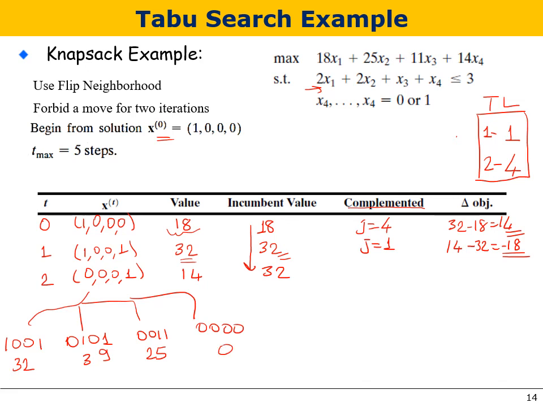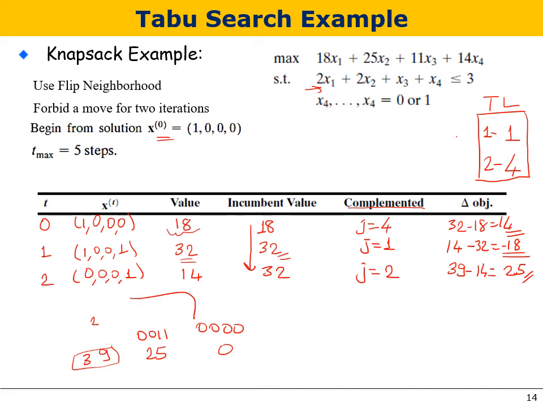Among these, the best one is this, which is a result of flipping the second decision variable, and when you check the taboo list, it is not in your taboo list. So we can go to this solution, which means that we are complementing the second variable, and the change in my objective function value is 39 minus 14, it is plus 25, an improvement of 25 units.